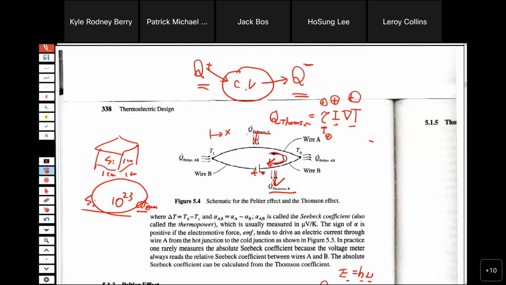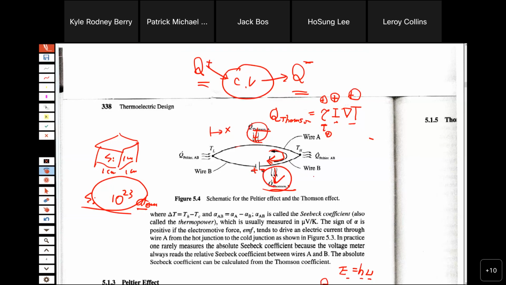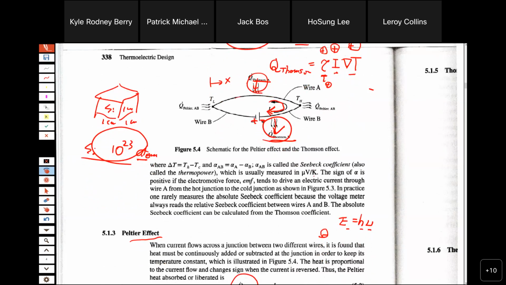There is no way we can measure the temperature because of this. Because of Thomson, it's so complicated. The experiment is so complicated. That's why people have difficulty to really figure out thermoelectric. It looks simple, but it is very difficult.